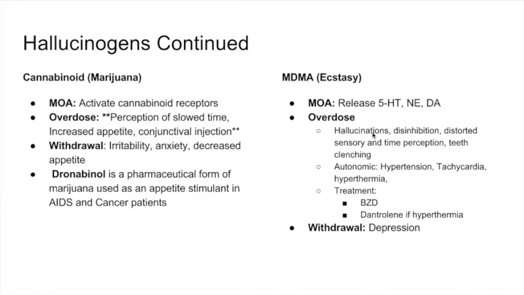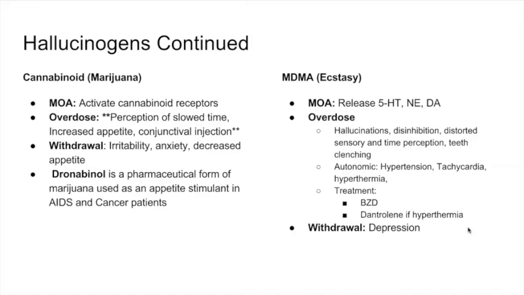But for MDMA, the key one is that you get teeth clenching, and that's specific to MDMA. You also get autonomic effects because you're releasing norepinephrine and dopamine, which are vasoactive substances. So you get hypertension, tachycardia, and hyperthermia. Treatment for MDMA is also benzodiazepines, and dantrolene if there's hyperthermia.